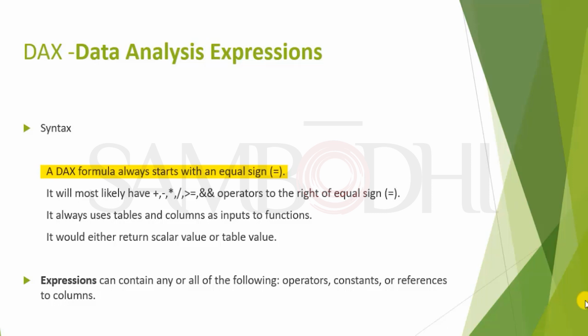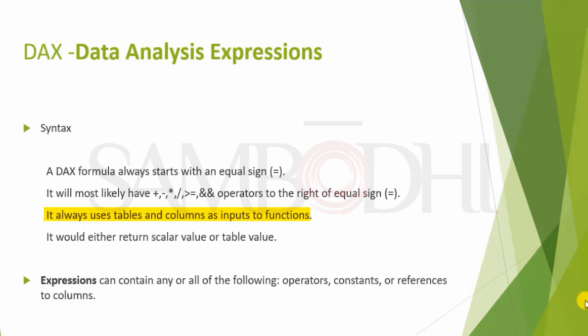In layman's terms it is a formula, and it would most likely have plus, minus, asterisk, forward slash, less than or equal to, greater than or equal to, and double ampersand operators to the right of the equal to sign, and it will use the tables and the columns as its input.